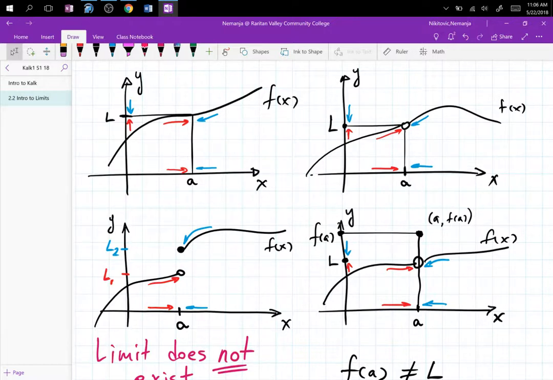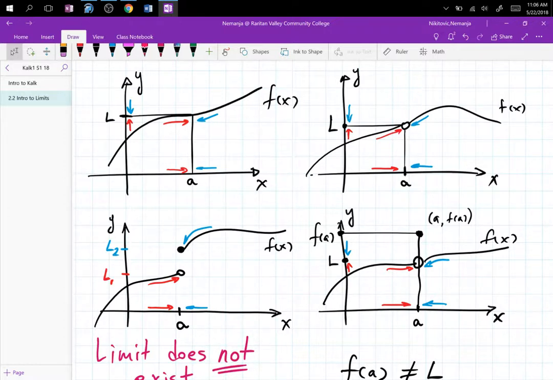Top right, second graph: the pre-calculus answer does not exist, but limit does. The third graph, the bottom left: function value exists. That's where the filled in dot is with the L2. That's what f of a is. So pre-calculus value exists. Limit does not exist because it produces two values.